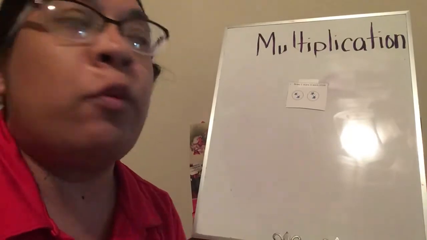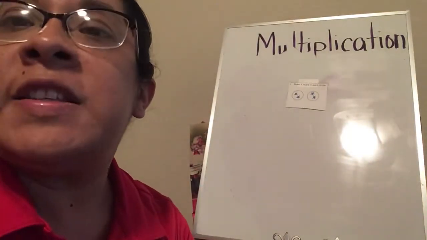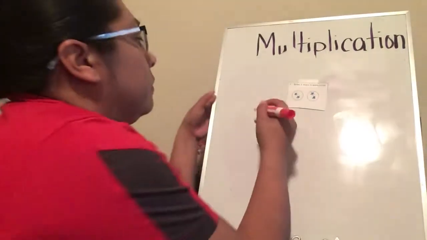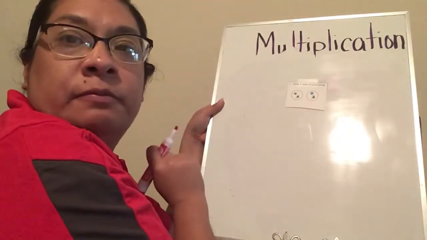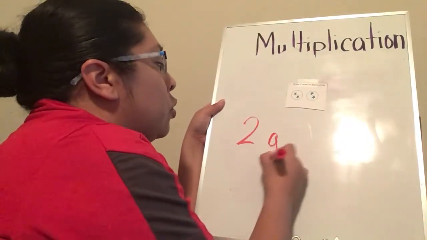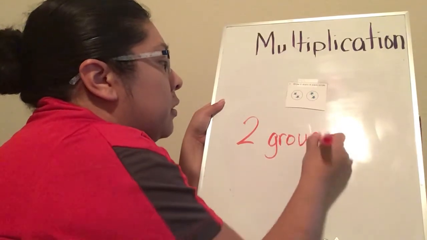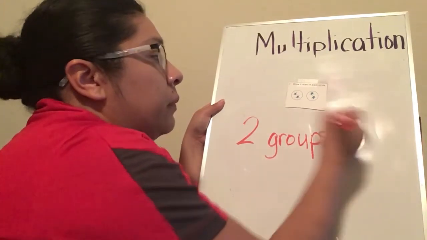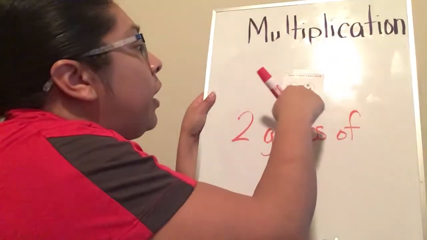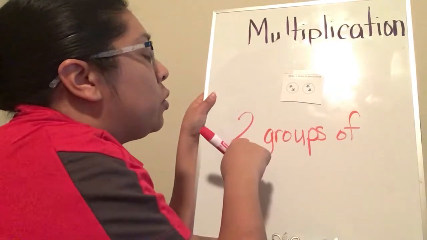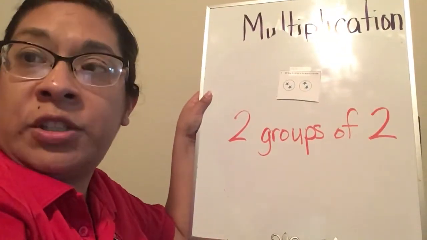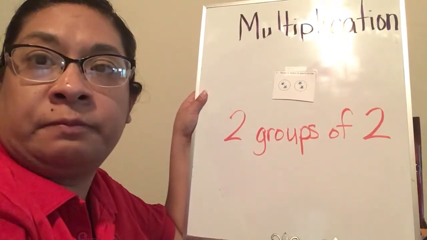So, what would the multiplication statement be? That's using words. So it would be, how many groups? That's right, 2 groups. 2 groups of, how many are in each group? That's right, 2. So 2 groups of 2. Now what would be that equation, the multiplication equation?